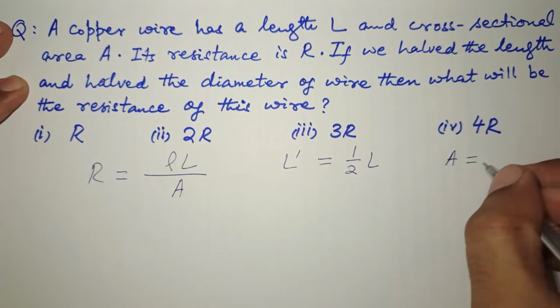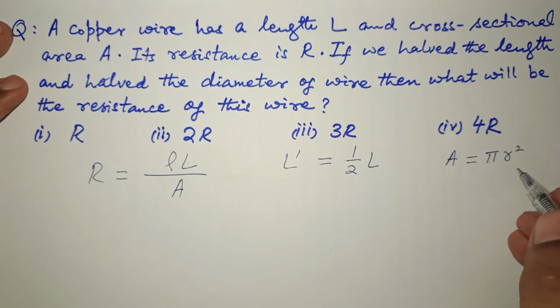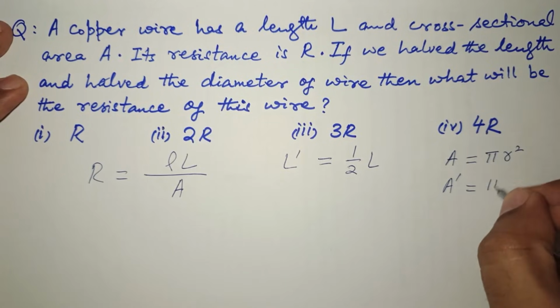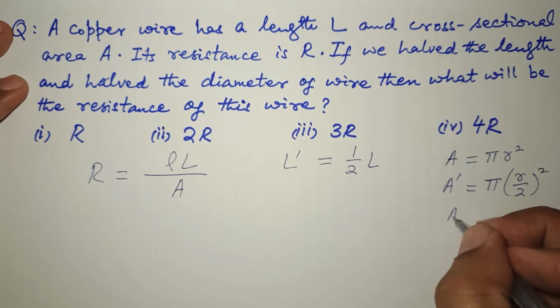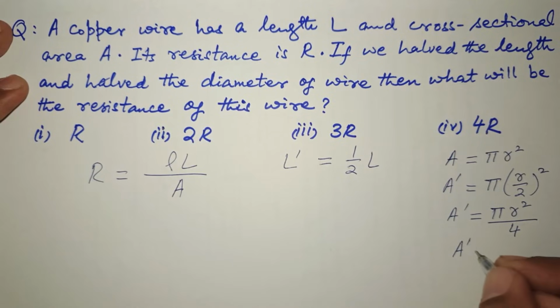Area is given as pi r square and radius is half of the diameter. So when the diameter is halved, the radius will be halved. So A prime will be pi times r by 2 whole square, so A prime equals pi r square by 4. So A prime is equals to 1 over 4 A.